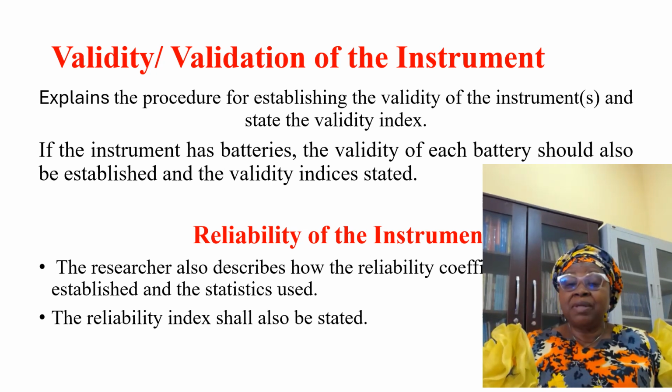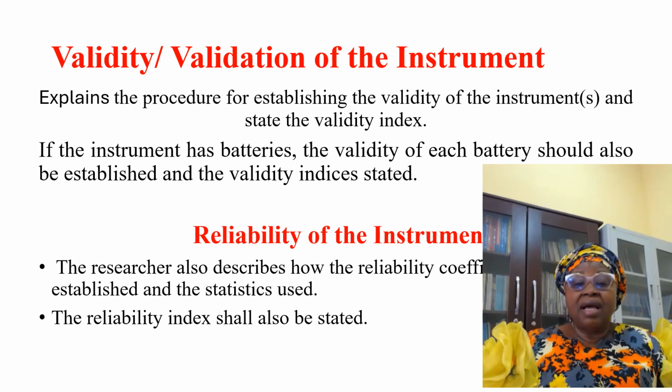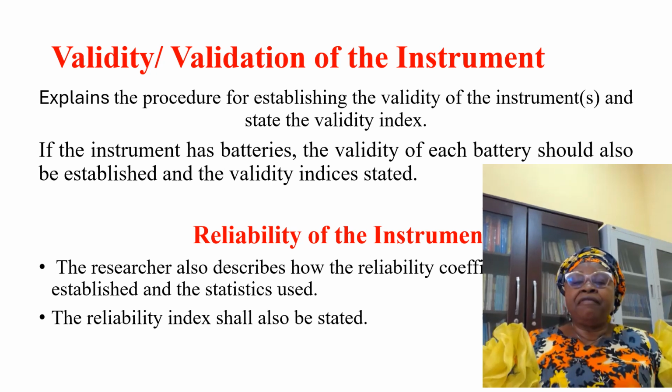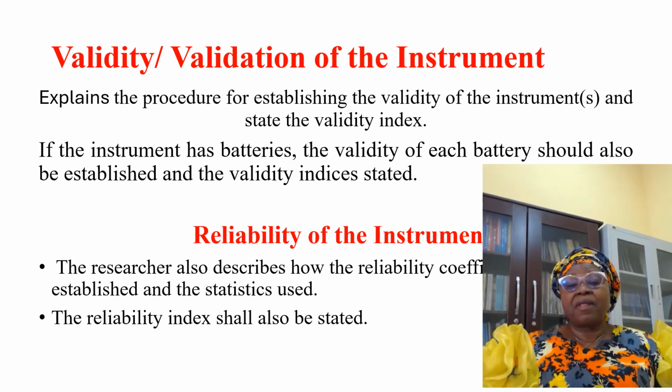The researcher explains the procedure for establishing the validity of the instrument, and states the validity index. If the instrument has batteries, the validity of each battery should also be established and the indices stated.